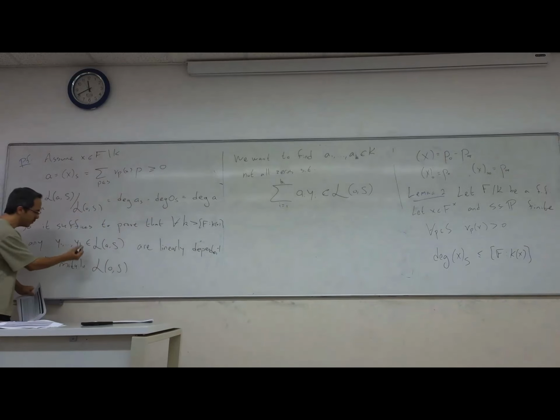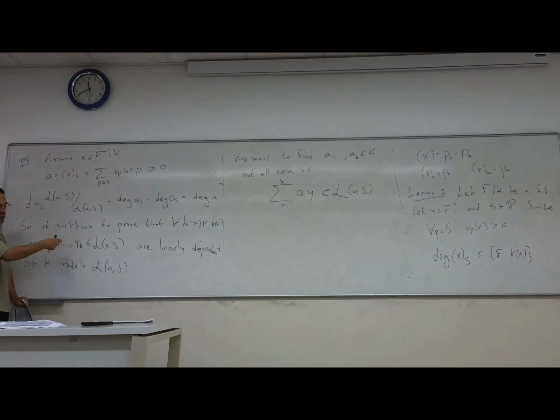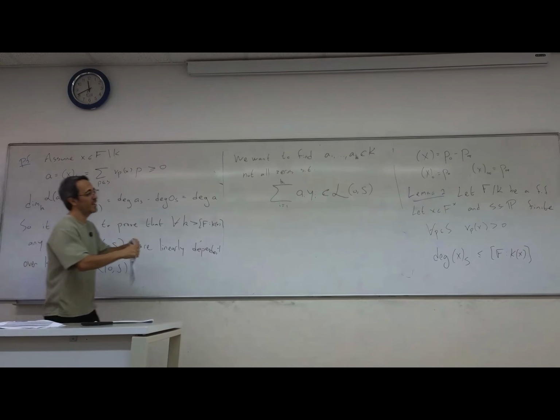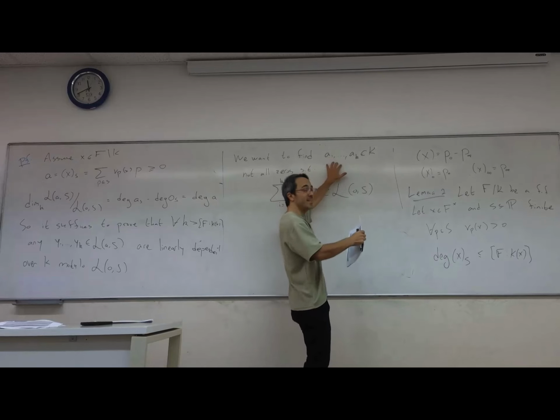So you do know that you can find rational functions in x, linear combinations to make this vanish, but you don't know how to find constants, right?